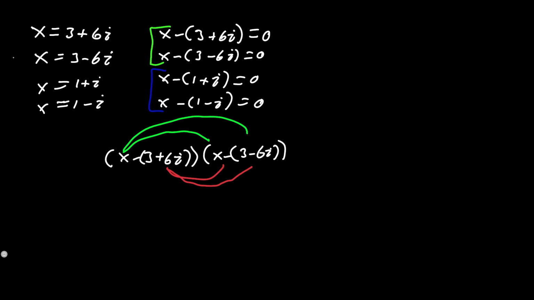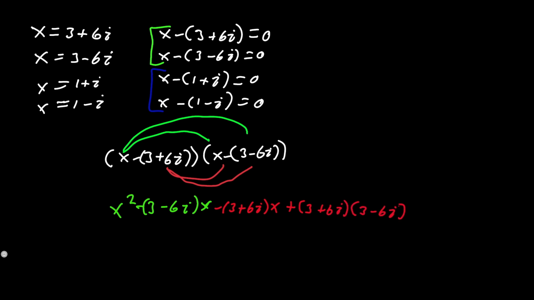And after expanding that, we will get x squared minus 3 minus 6i, all multiplied by x. And then we will end up having minus 3 plus 6i times x, plus 3 plus 6i times 3 minus 6i.